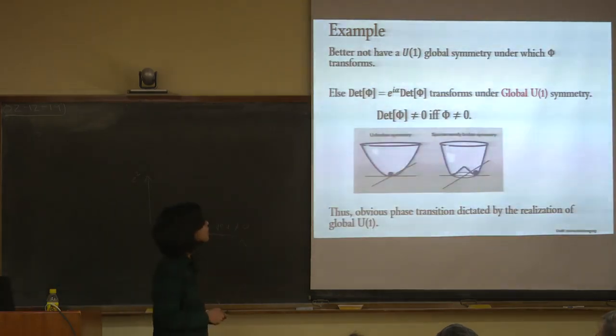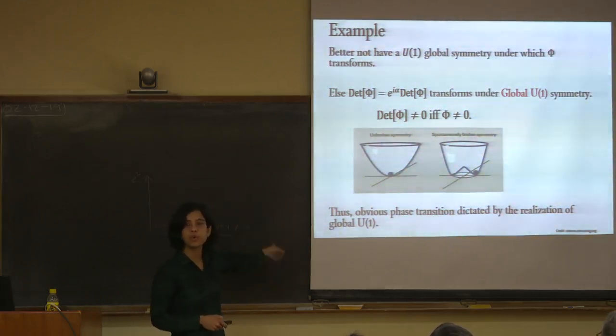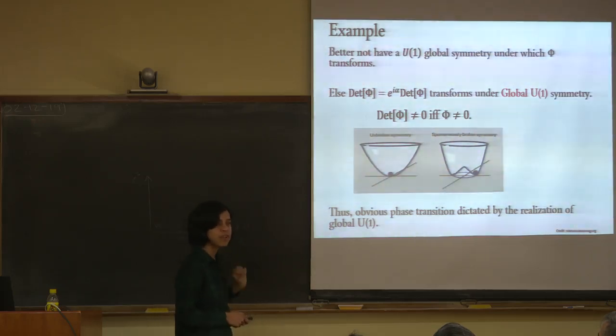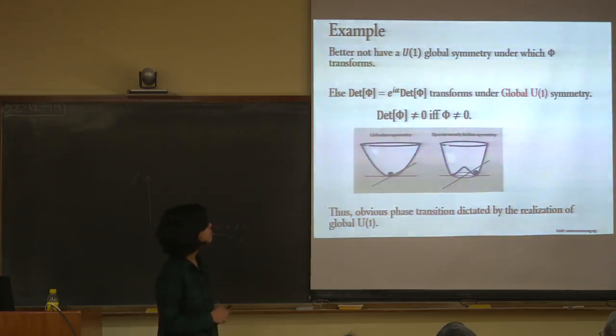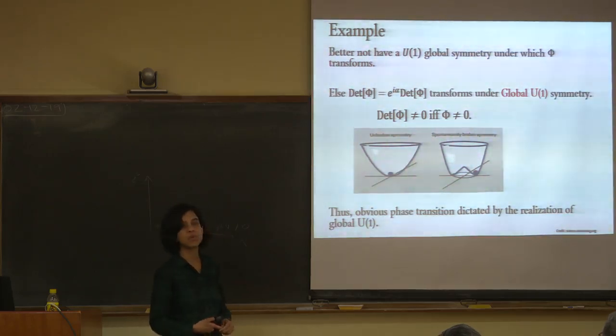So what happens is that as you dial the parameter to go from a regime where phi has a VEV to a regime where phi doesn't have a VEV, immediately you also induce the same behavior in the determinant of phi. In the Higgs regime, the determinant of phi has a VEV. In the non-Higgs, confining regime, the determinant of phi doesn't have a VEV. So you immediately have a phase transition, which is realized by the breaking of the U(1) global symmetry.